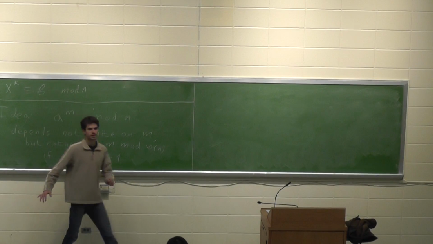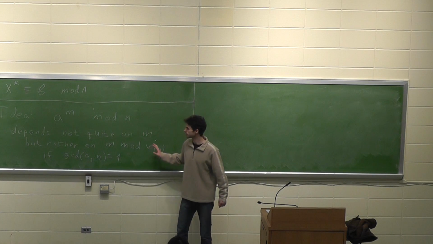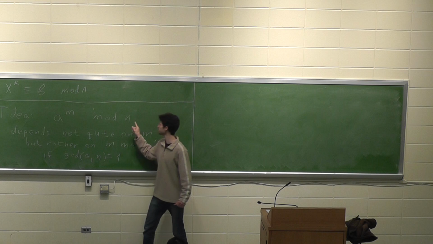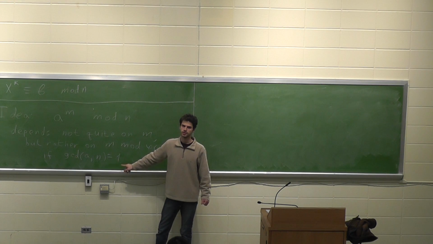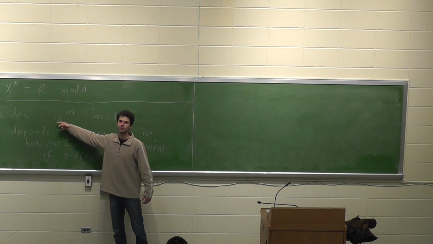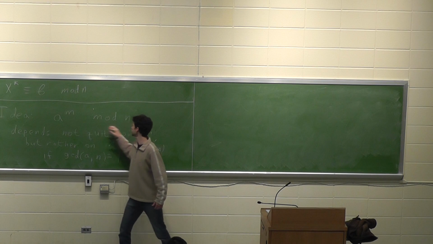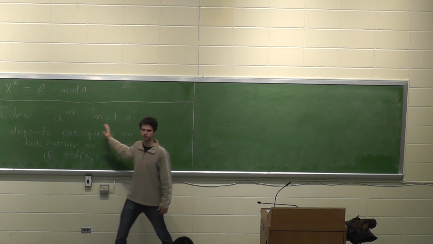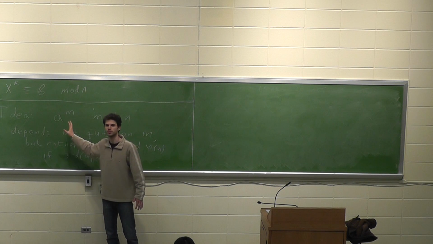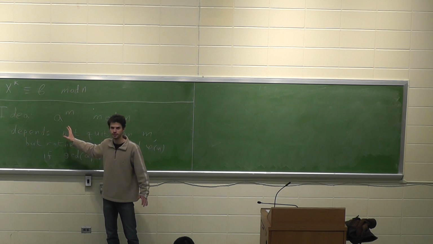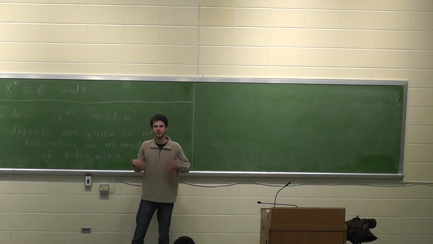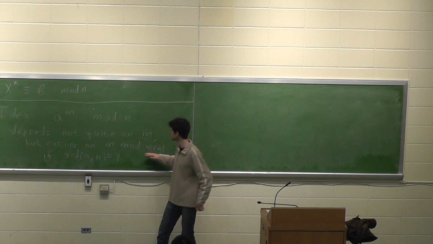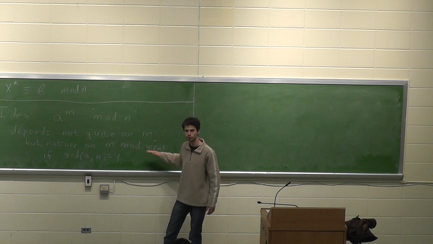Once again, what's written here is that suppose that you are given some number a which is relatively prime to n, and you want to compute what this number is raised to some power m modulo n. Well, the claim is that the result of this computation doesn't quite depend on m. Well, it does depend on m, but you don't need to know m exactly. All you have to know is the remainder of m once you divide it by phi of n, by the order function of n.